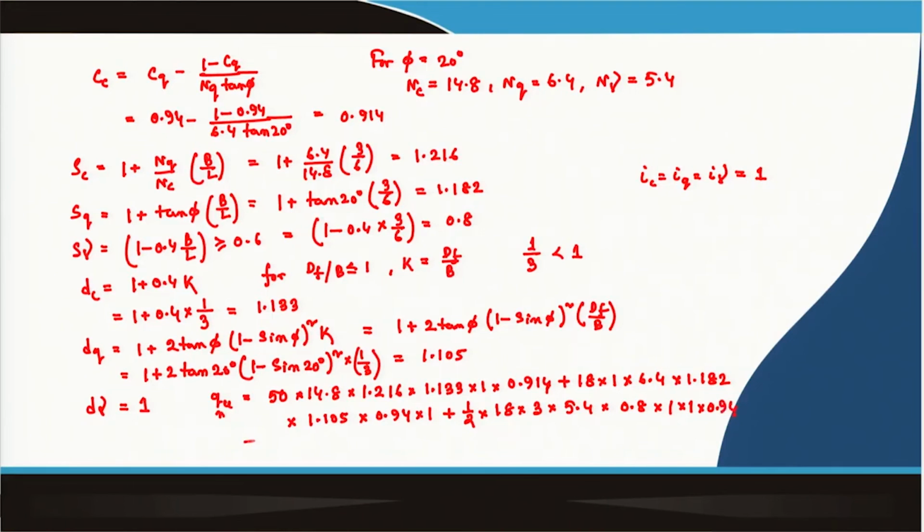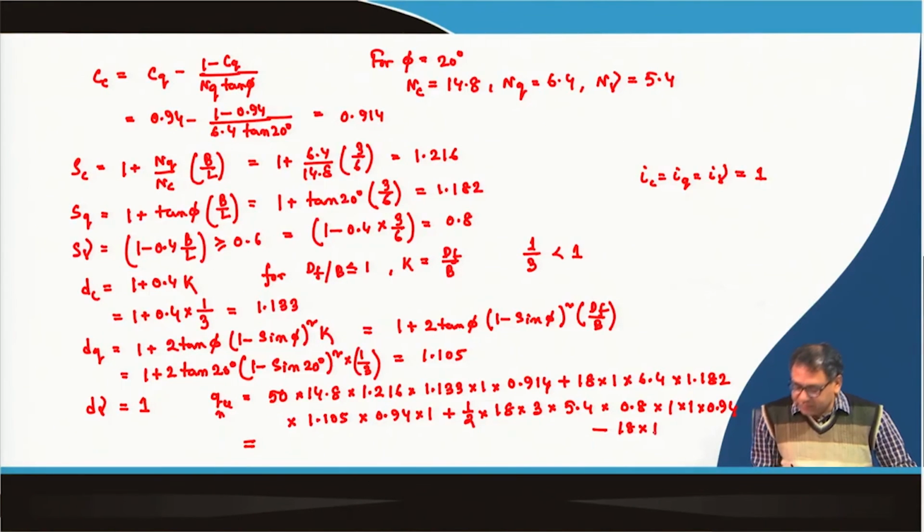Okay. So, the value, and then it is net ultimate, so that will be minus gamma 18 and Df 1. So, this value is 1164.92.